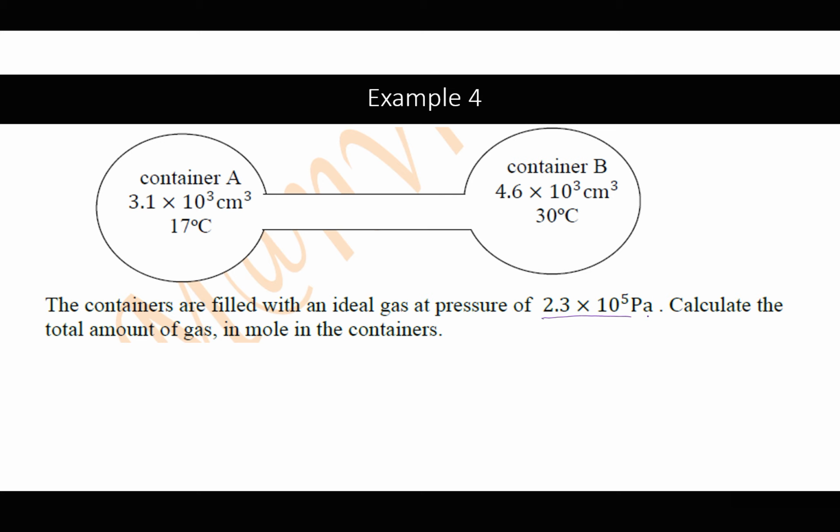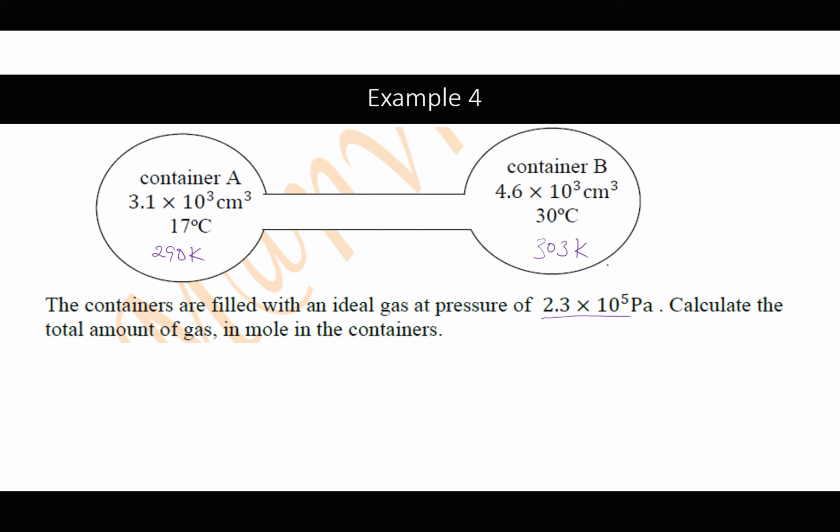In container A, we have a volume of this, and a temperature of 17 degrees Celsius, which will be 17 plus 273, which is 290. So this temperature is 290 Kelvin. For the other one we have 30, so 30 plus 273, which is 303 Kelvin.